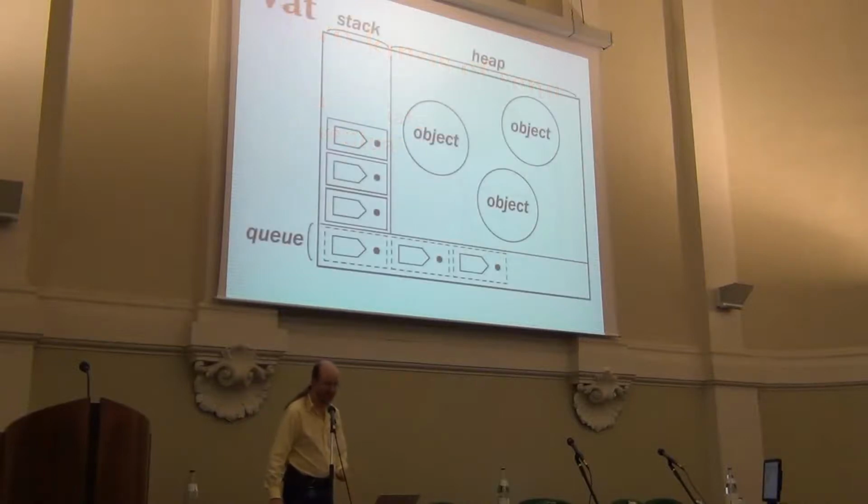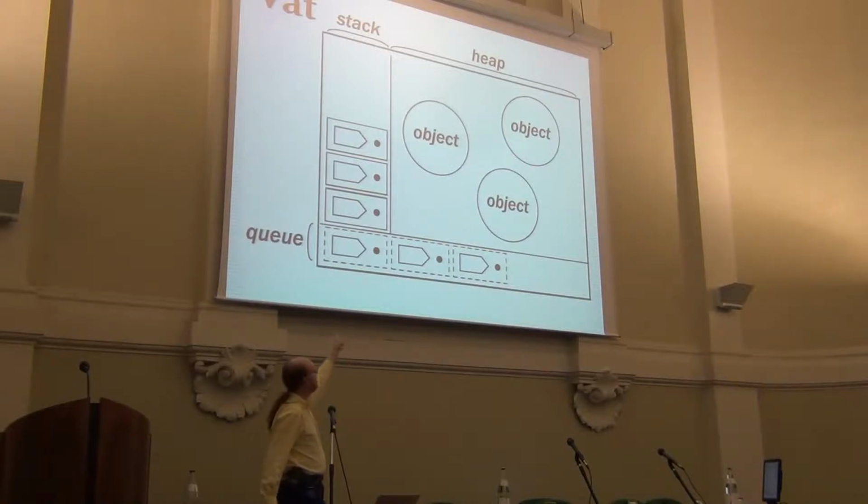Here's a diagram from Mark's thesis of what a vat looks like. So you have your heap of objects, like you would in any Smalltalk virtual machine, and you have a stack. Because you only have one thread, there's only one stack. But then you also have this queue here, and that's the queue of undelivered eventual sent messages.